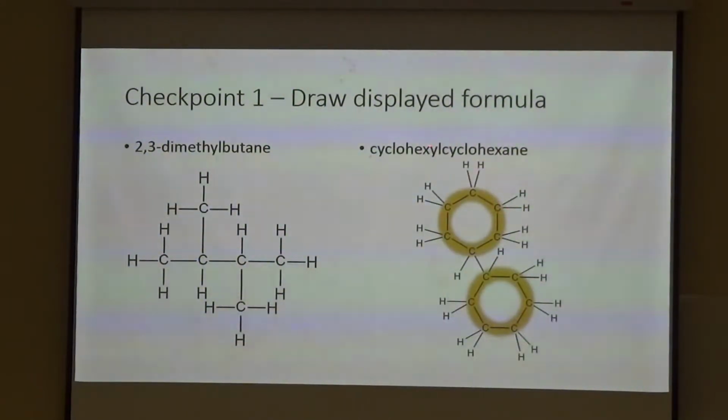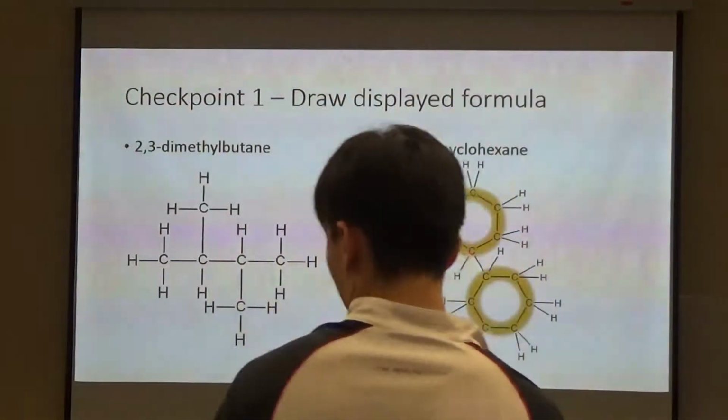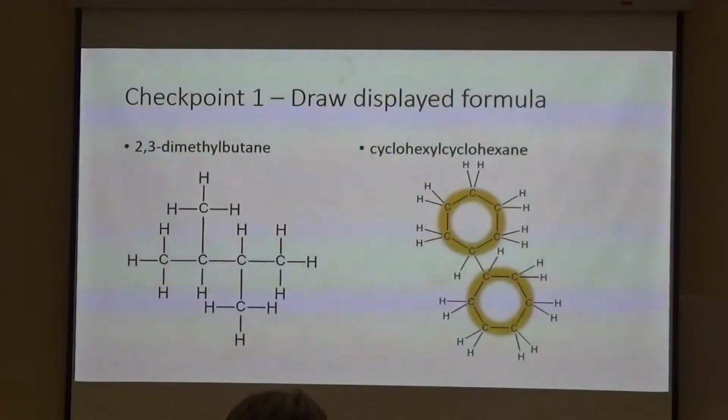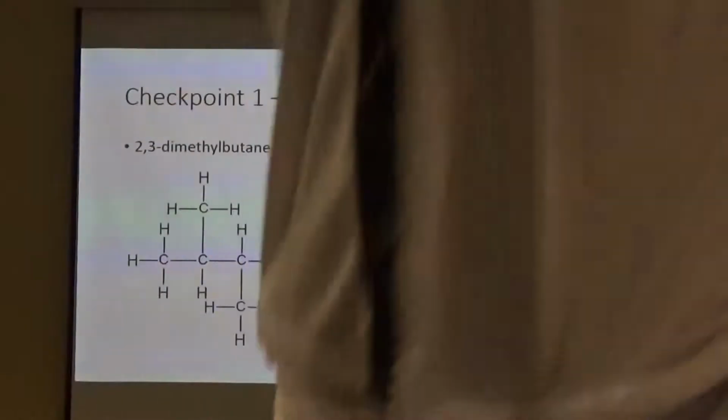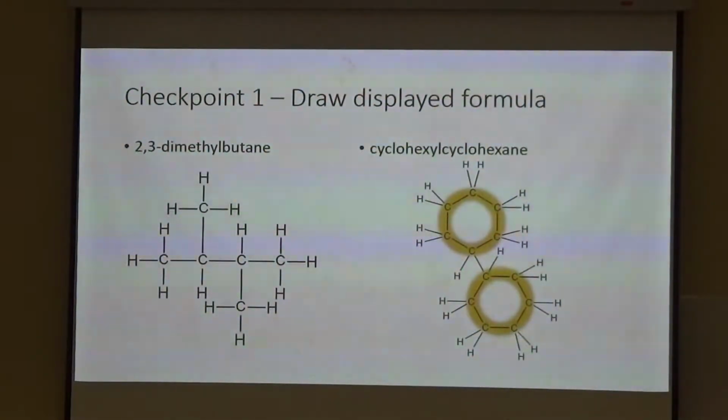So I have a cyclohexane, and on 1 carbon, I have a cyclohexyl. So you show all the bonds in it. Which carbon you attach that cyclohexyl to doesn't matter, because it is on carbon 1. But do remember to show all the bonds.